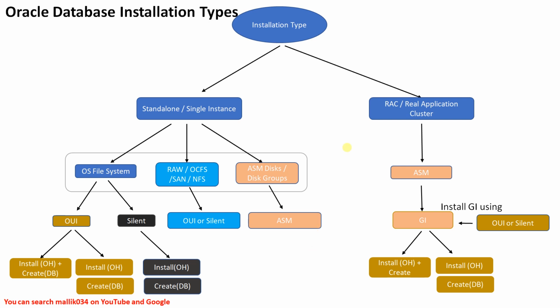single slide. If you see the installation type, basically it starts with two types as per our database needs, whether it's a single instance or standalone, or it's a RAC or Real Application Cluster, right?